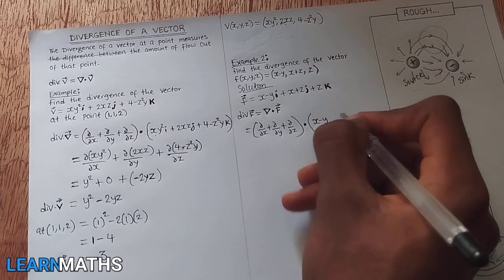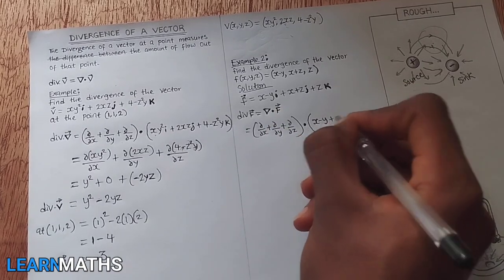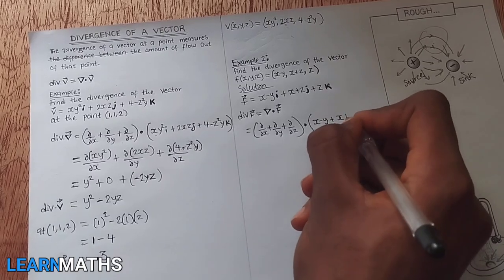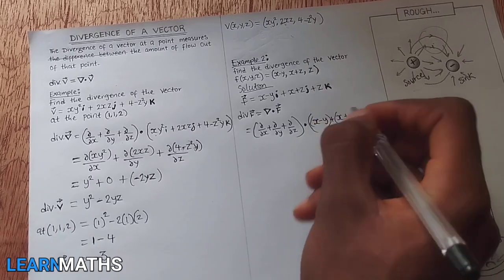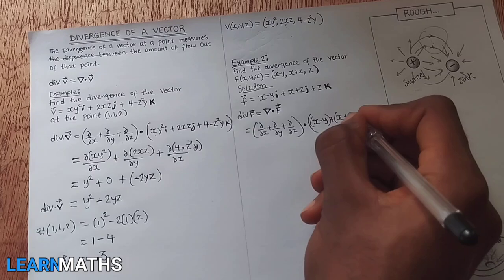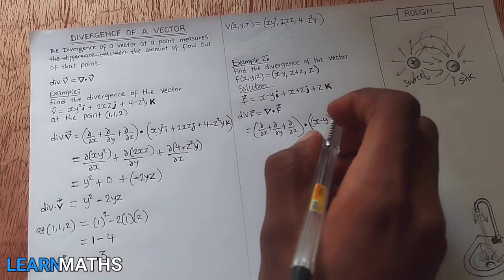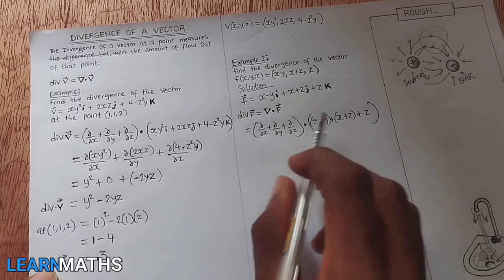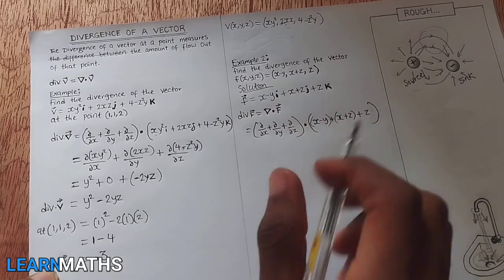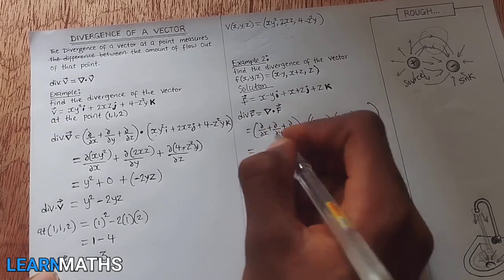The next one is going to be, I'm going to keep the plus there, x plus z, put it in brackets to avoid confusion, and then z itself. So this is going to be multiplying this, and this is going to be multiplying this. Let's carry out our scalar product.